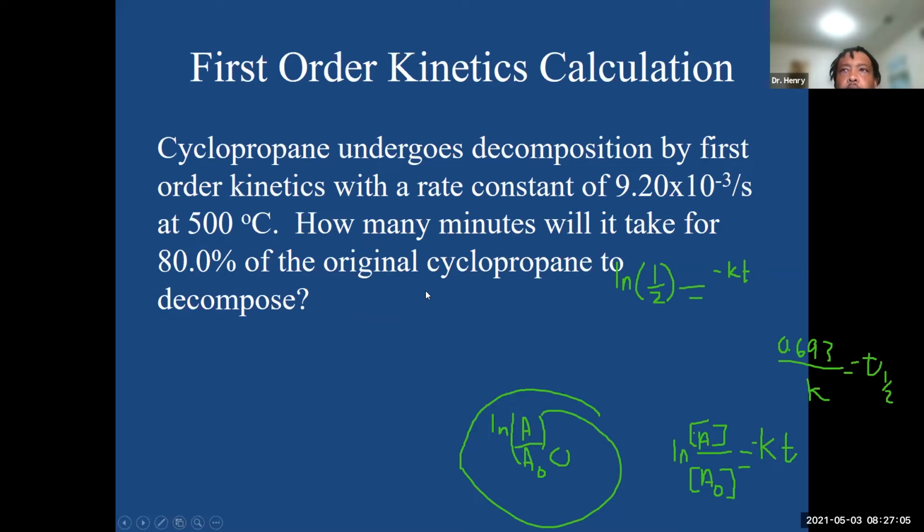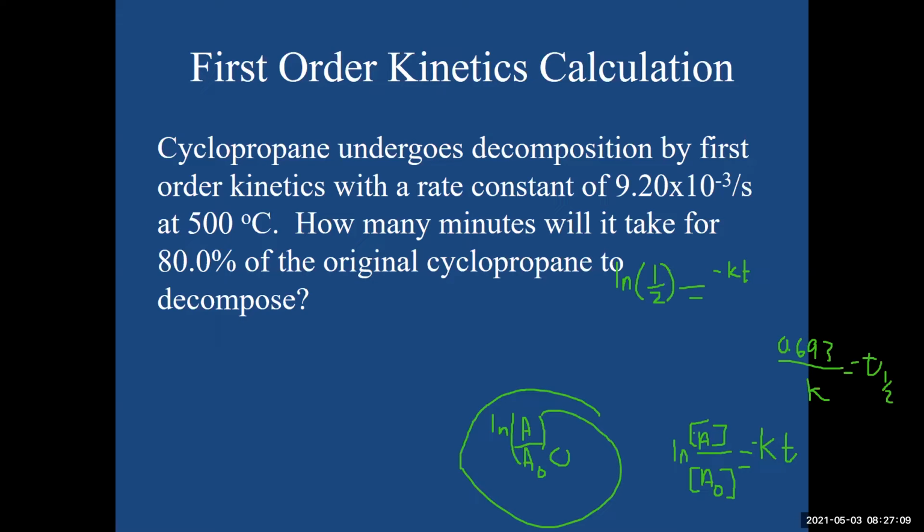Okay, so cyclopropane undergoes decomposition by a first order kinetic reaction with a rate constant of 9.20 times 10 to the minus 3 per second at 500 degrees Celsius.